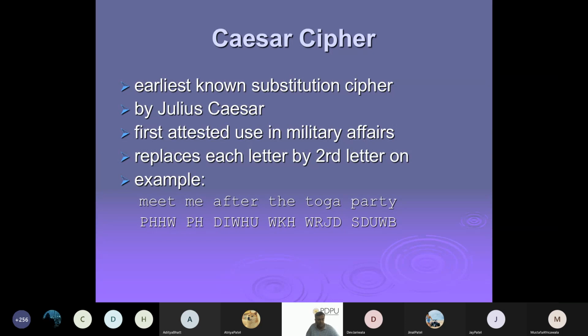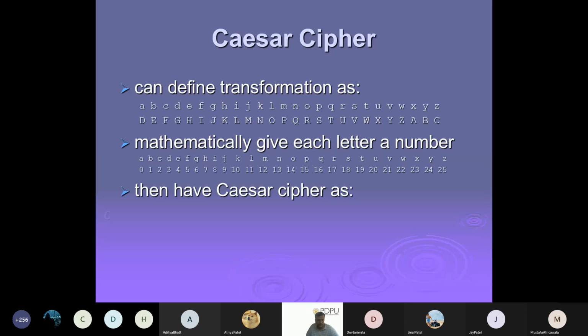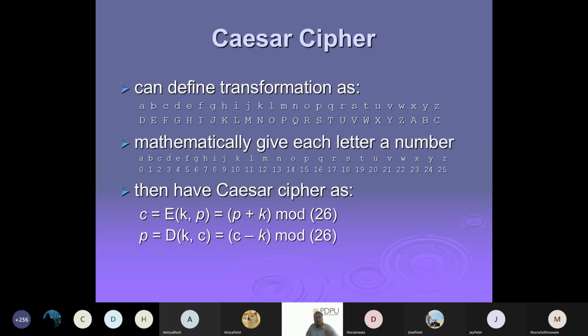It means I have to run this decryption function a total of 25 times, 0 I can ignore. So I run the decryption function 25 times, considering k equal to 1, k equal to 2, k equal to 3. Every time you run the algorithm, you will get one tentative plain text. Either it can be a correct plain text, or it cannot be.